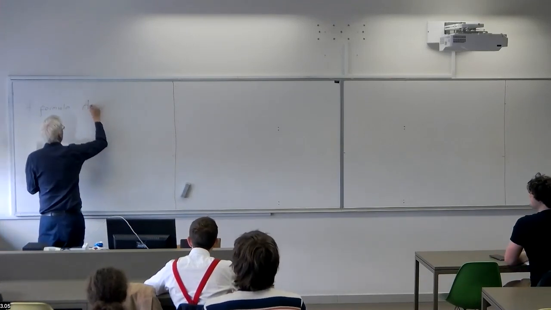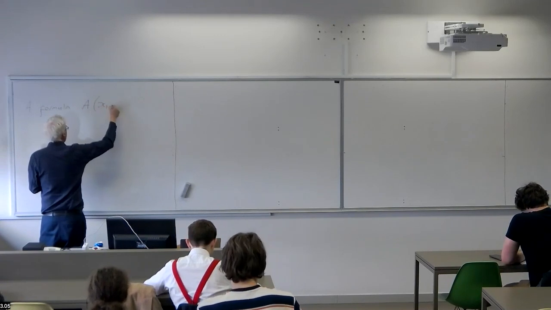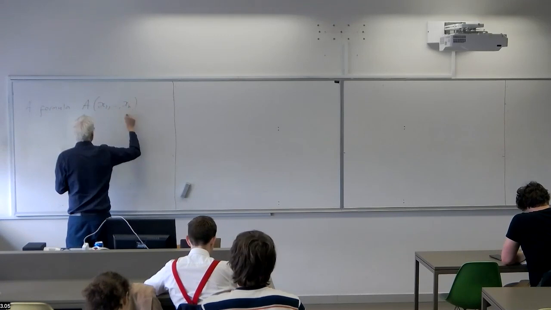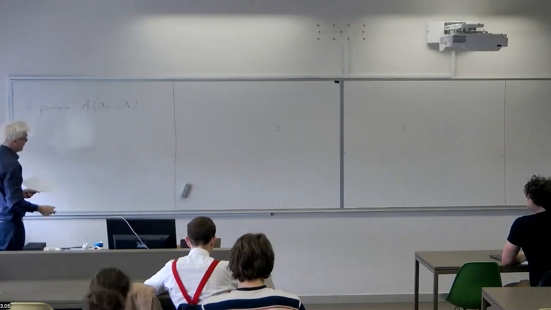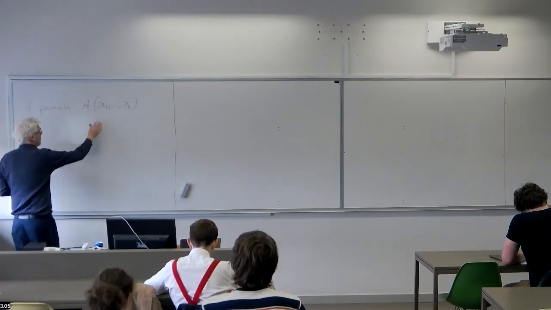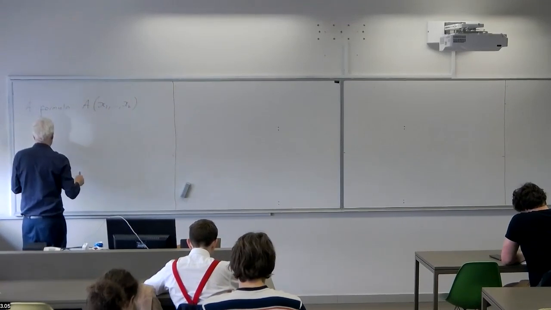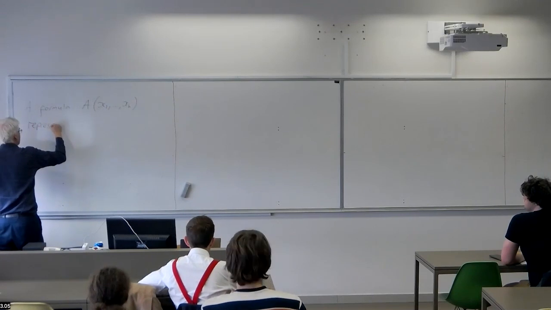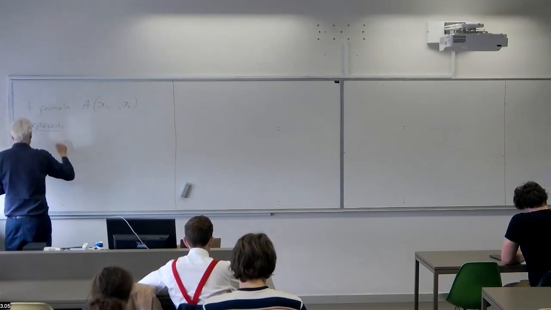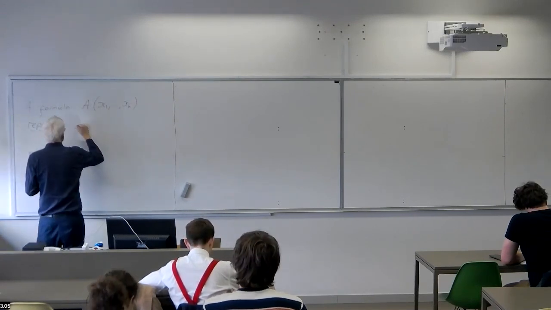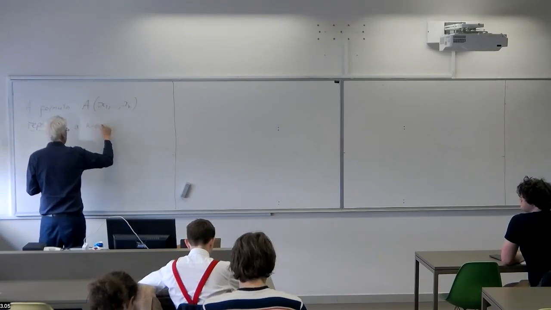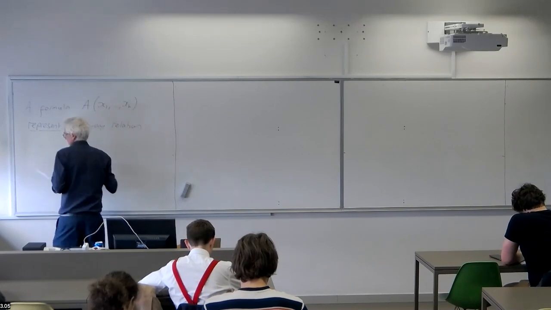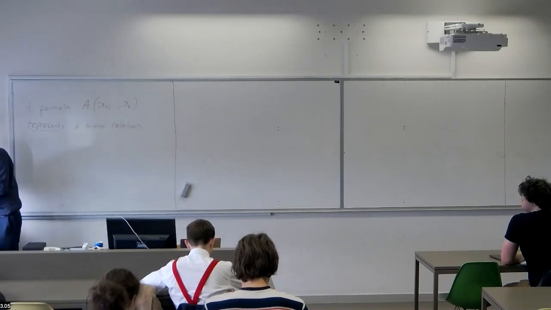So a formula A with variables x1 through to xk, as we know, we view as defining a relation in k variables. So we can formally say this represents a k-ary relation on natural numbers.